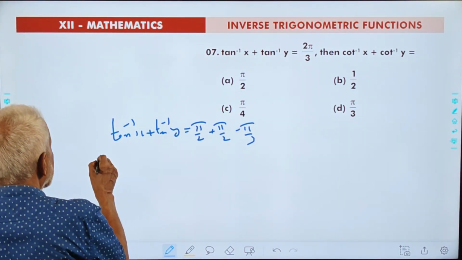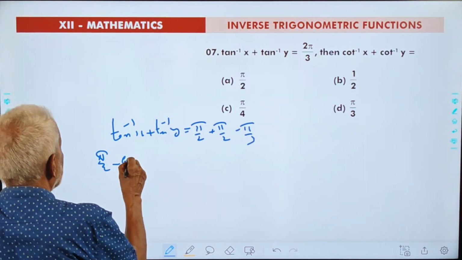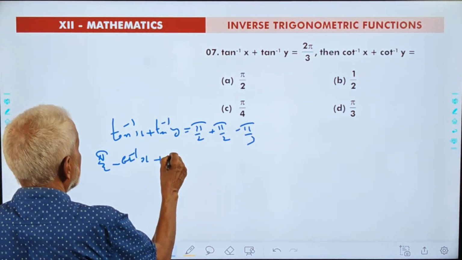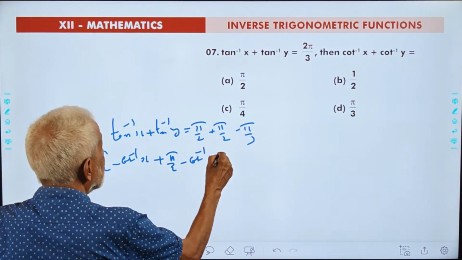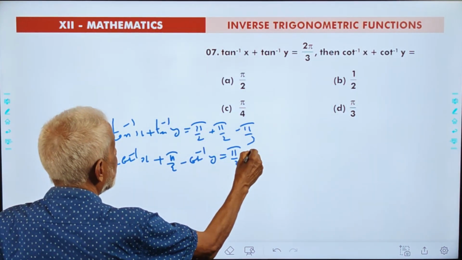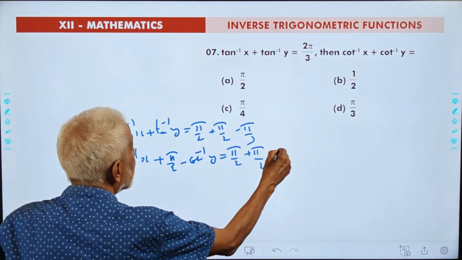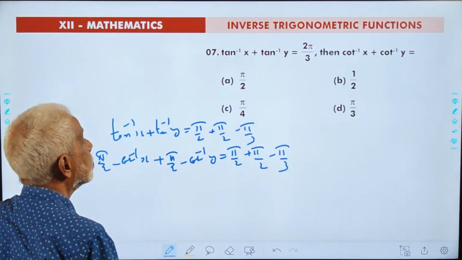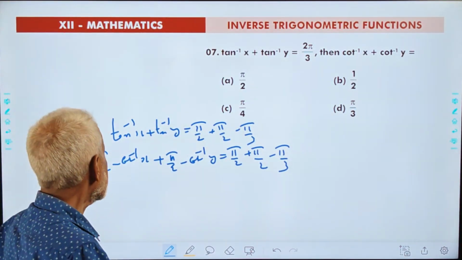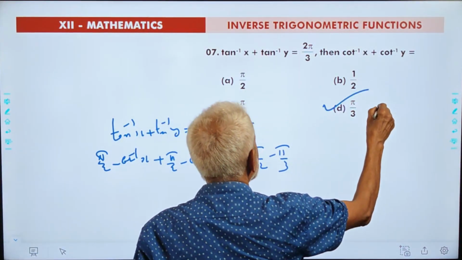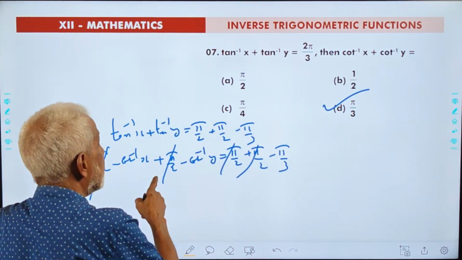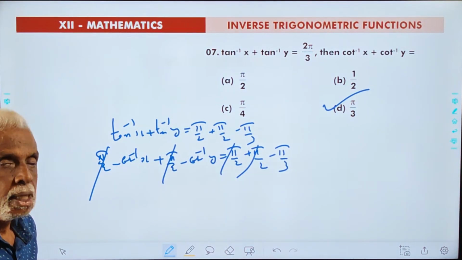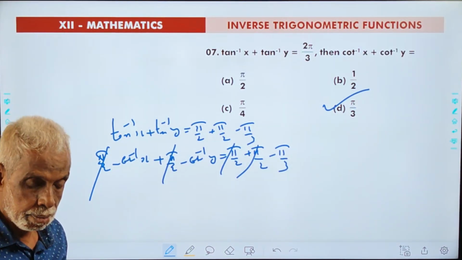Therefore, tan inverse x is equal to pi by 2 minus cot inverse x, plus tan inverse y is also pi by 2 minus cot inverse y, equal to pi by 2 plus pi by 2 minus pi by 3. Therefore, the correct choice is D choice. Pi by 2 on both sides will get cancelled. Minus cot inverse x is equal to minus pi by 3. Therefore, cot inverse x is equal to pi by 3.